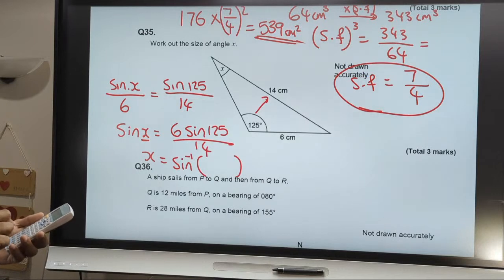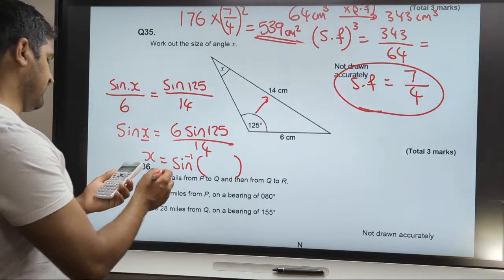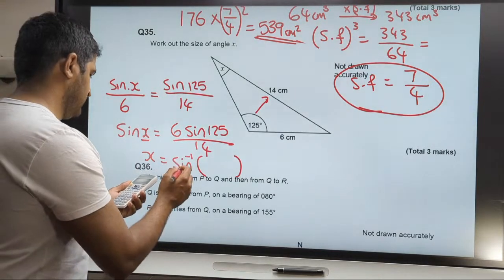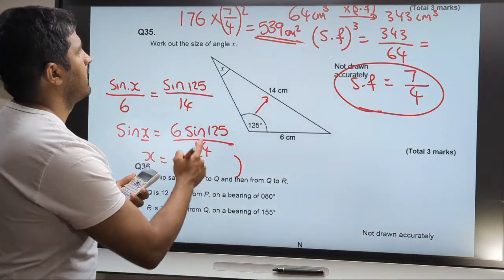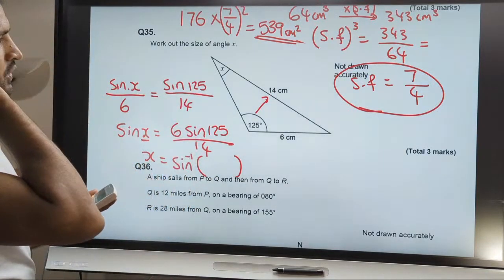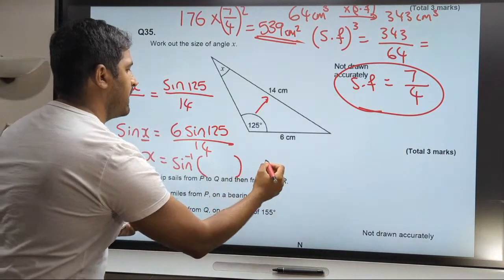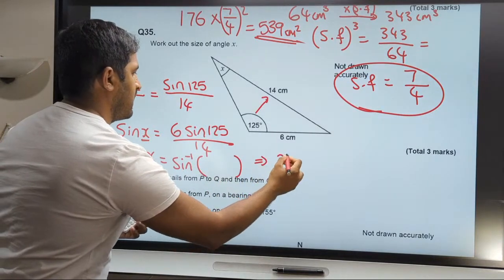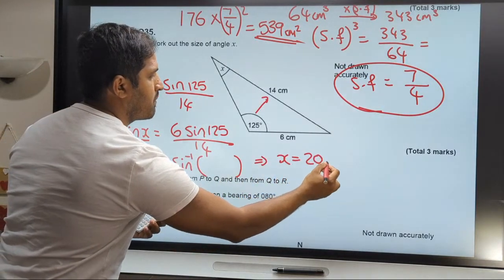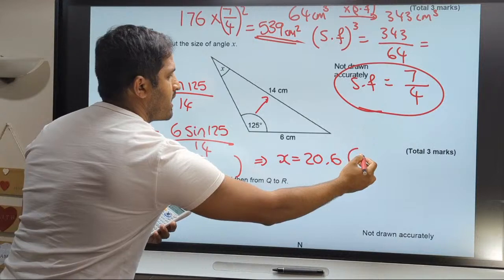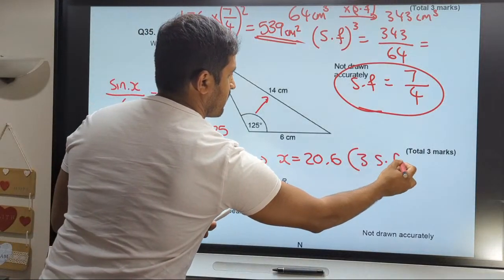Divide by 14. Delete. And then close brackets. I get x to be 20.5. And it doesn't say anything about the accuracy. So I'm going to leave my answer x equal to 20.6 at 3 significant figures.